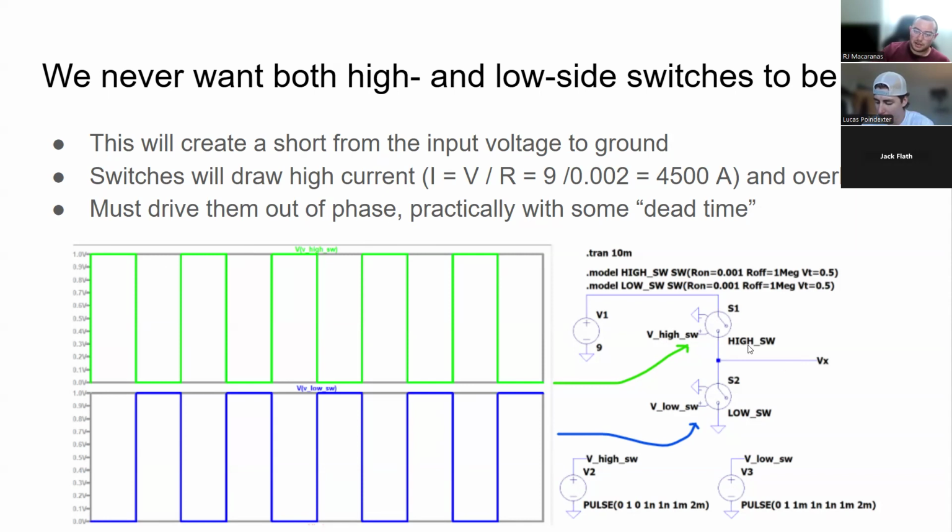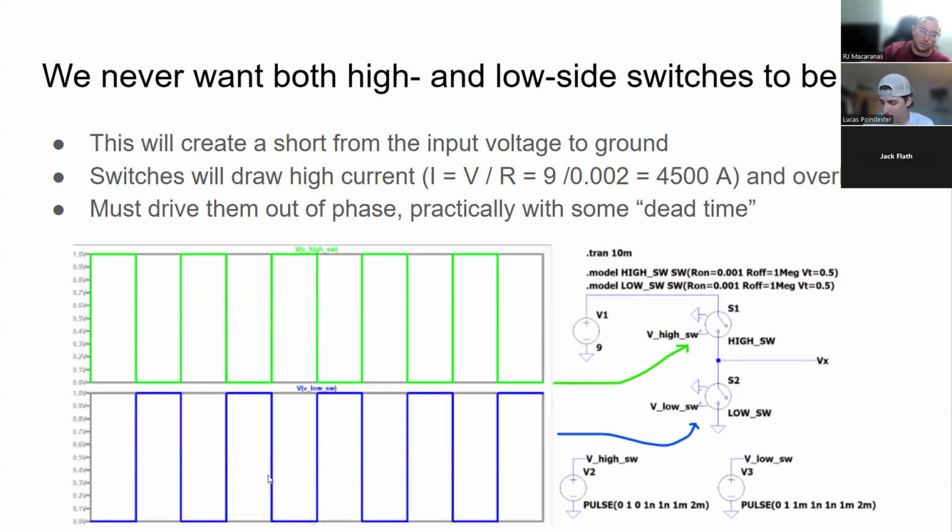But anyways, if we assume that both of these switches are about 1 milliohm, then I've got 1 milliohm in series with 1 milliohm in the path from input voltage to ground. So I've got a total of 2 milliohms. And if I calculate the current, V divided by R, I take 9 divided by 2 milliohms, then I've all of a sudden got 4,500 amps pumping through these two switches. And that's going to break the switches.